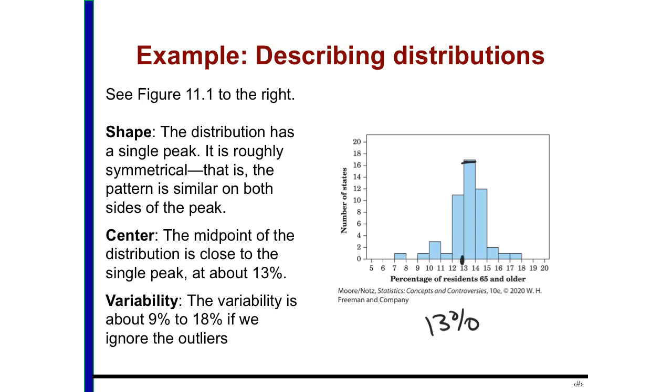And then the variability, not including the outliers, we go from about 9 to 18. I know we said 17.3 was the outlier, which they did for this one. Honestly, I wouldn't include it. I would have said maybe the 7, but the bulk of our data goes from 9 to 18. That's where there are no spaces in between.